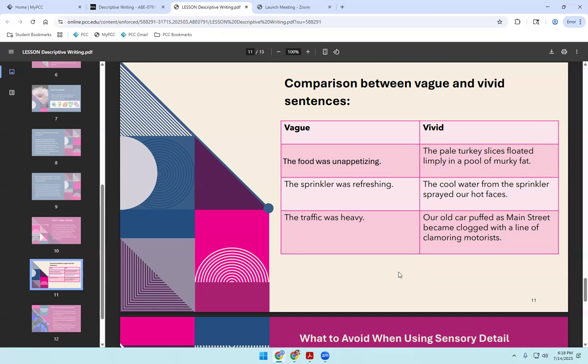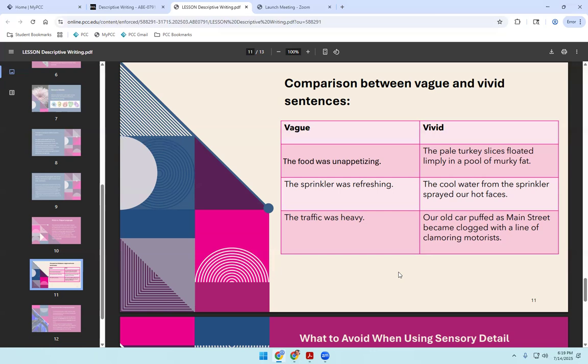Yeah, that sounds pretty specific and disgusting. Vague language, the sprinkler was refreshing. Okay, refreshing's all right, but we don't know exactly how. We could rewrite it better. The cool water from the sprinkler sprayed our hot faces. Now we've got a much more vivid image of what was going on.